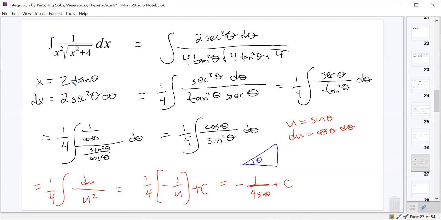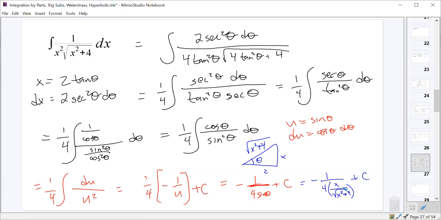And we know that tangent is x over 2. So using the Pythagorean theorem, it should be root x squared plus 4. And so our sine value should be what? X over the square root of x squared plus 4. So we've got -1 over 4 times x over root x squared plus 4, plus our constant.